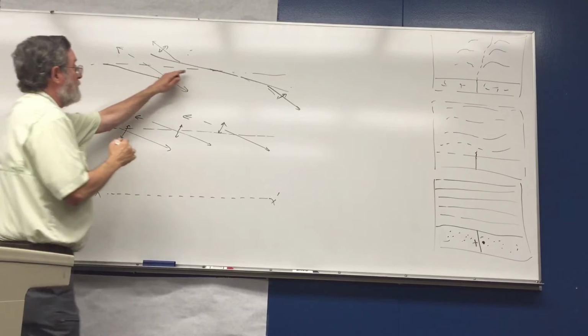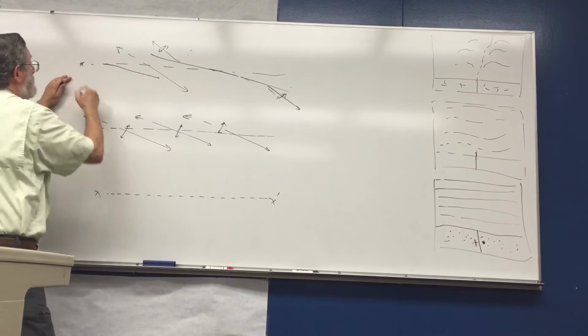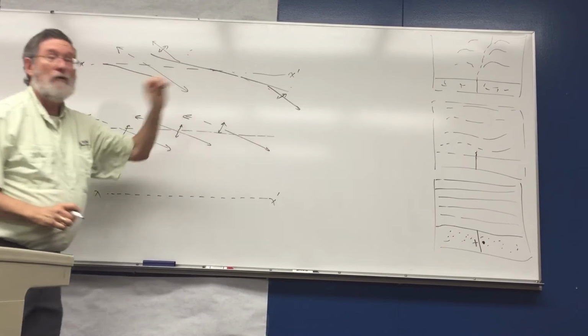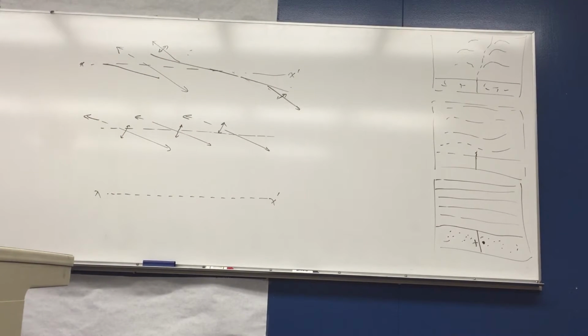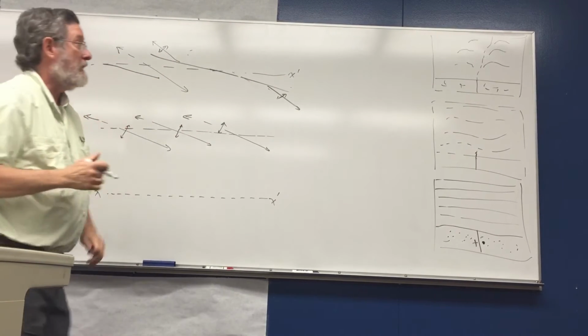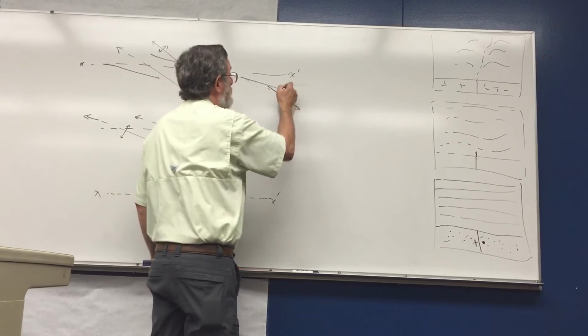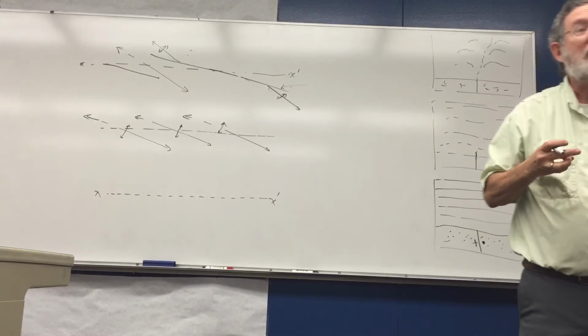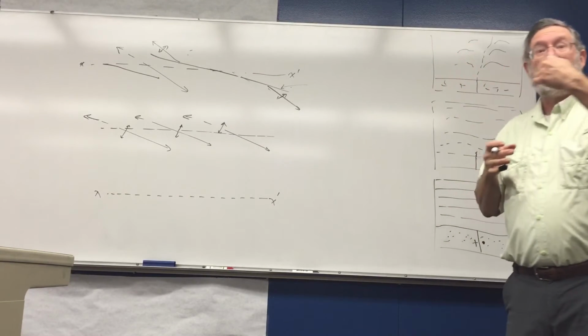So this is our through-going fault at depth. This is our XX prime. We still have our folds there, and now we're going to start offsetting them on these low-angle faults. This would be termed a synthetic fault.